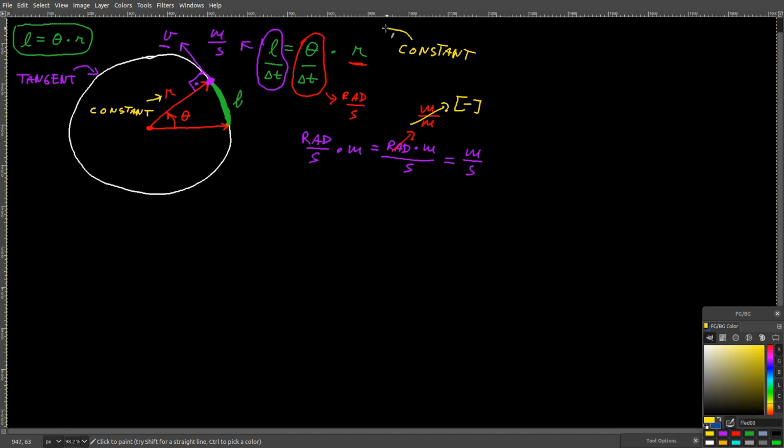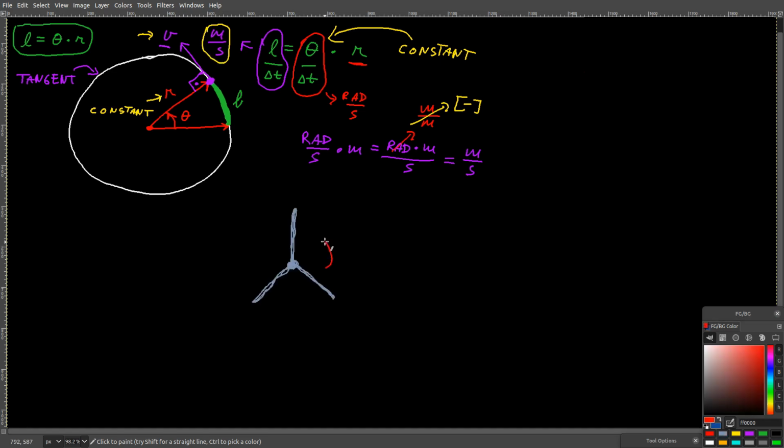Furthermore, if the angular velocity is constant, so you are not spinning faster nor slower, but you are spinning at a constant rate, then the magnitude of the velocity of the radius tip will also be constant. It will change in direction all the time, because remember, it is always tangent to the circumference and perpendicular to the radius, but the magnitude of the velocity, the value of meters per second, will not change.